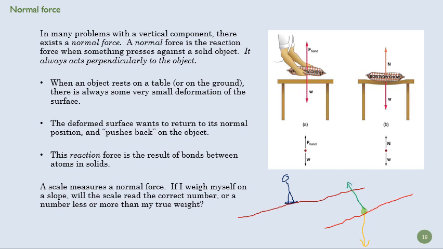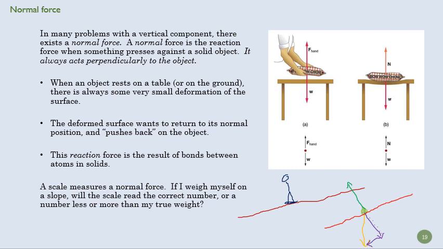So how do I know what my normal force is? Well, I know I'm not accelerating in this direction, so I know there's a balance of forces. So my normal force is whatever the component of my weight force is, this dotted line here. My other component of my weight force looks like that.